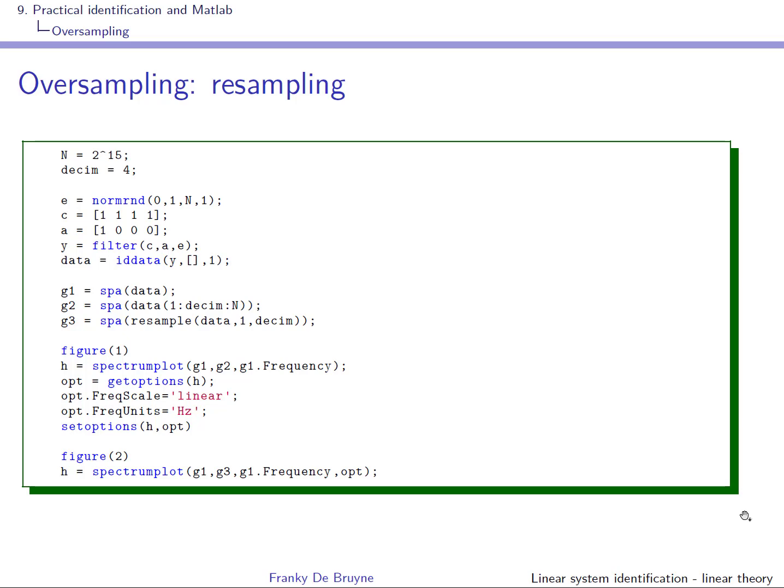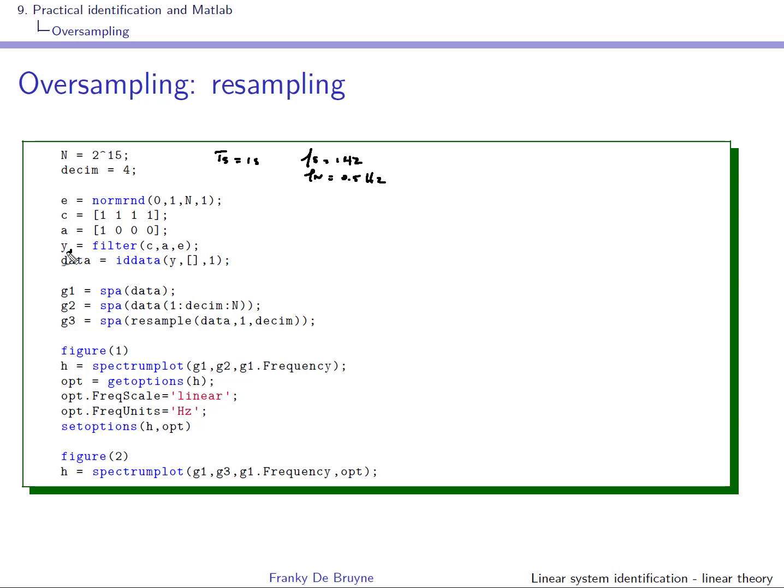Here in the background there is a TS that we assume to be 1 second, right? So the sampling frequency is 1 Hertz, so that the Nyquist frequency will be 0.5 Hertz. So what we do here is really generate a time series.